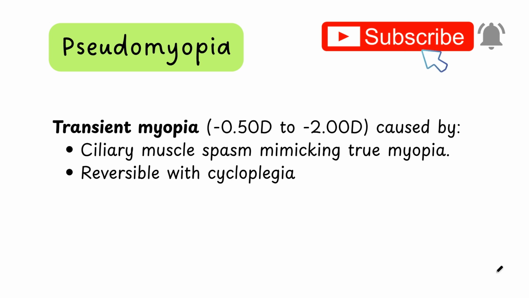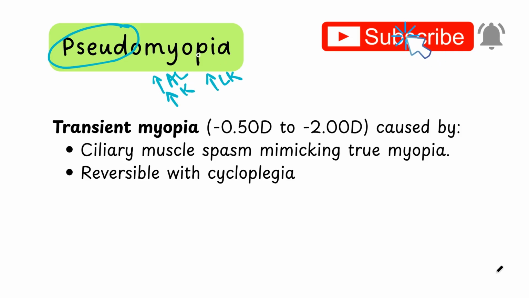Now, it is this accommodative spasm that causes pseudomyopia. So what did I tell you? Pseudo means false and myopia is myopia. So true myopia is because of an anatomical problem. Either there is an increased axial length or there's increased curvature of the cornea or increased curvature of the lens, right? That is known as lenticular myopia.